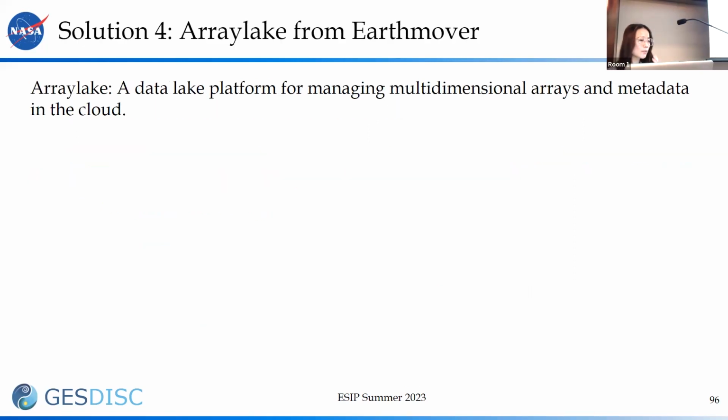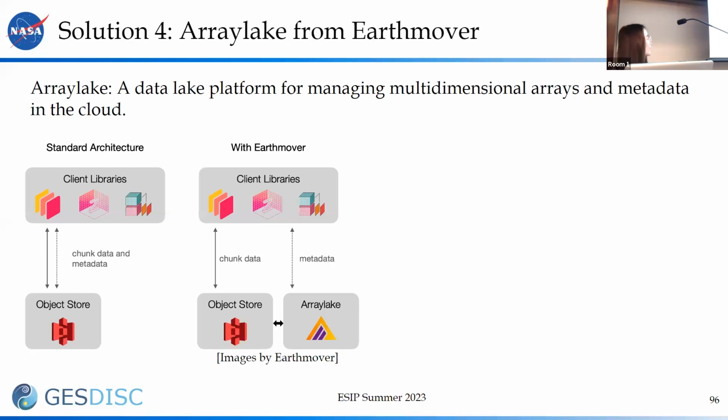All right, solution 4 is Array Lake from Earthmover, and maybe some of you are already familiar. It's a data lake platform for managing multidimensional arrays and metadata in the cloud. Traditionally in the standard architecture, we store both the chunk data and metadata in the object store like S3.